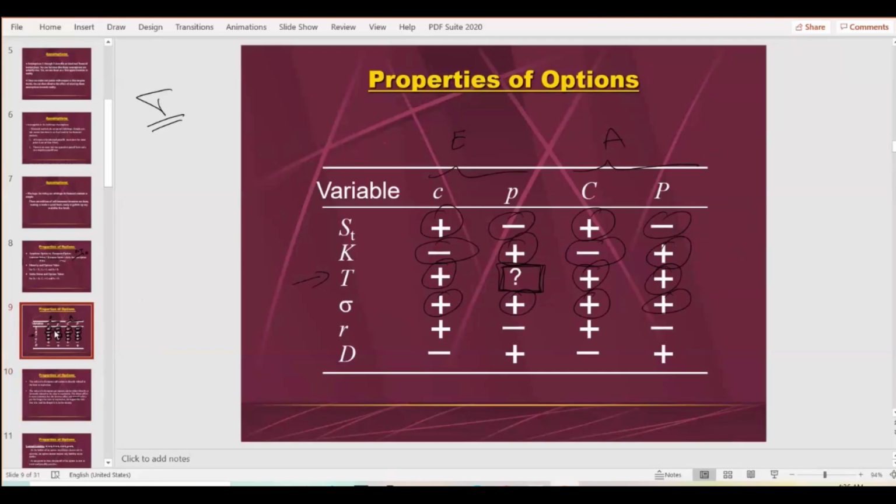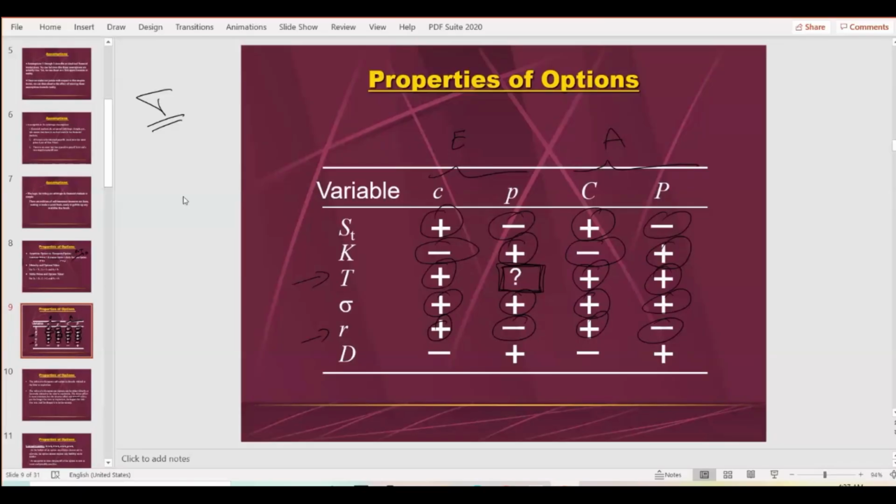Now, other factors, you have the effect of the risk-free rate R. The higher the risk-free rate R, the higher the value of the call option and the lower the value of the put option.